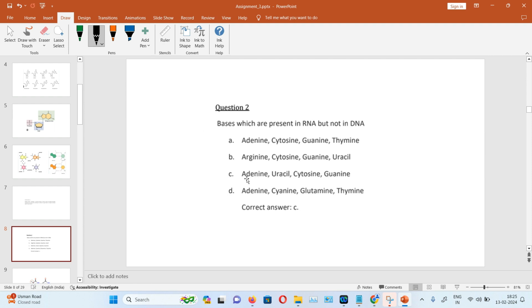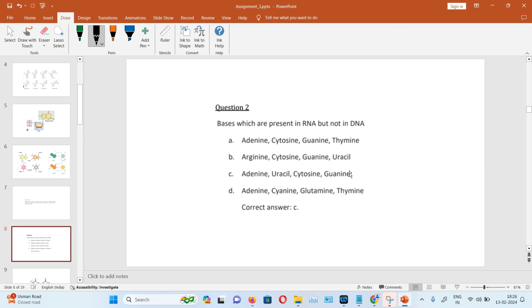We can see that DNA contains adenine, thymine, guanine, cytosine, but thymine is replaced by uracil. So adenine, uracil, cytosine, guanine are the nitrogen bases present inside RNA but not in DNA.